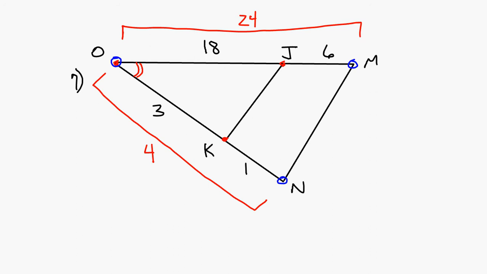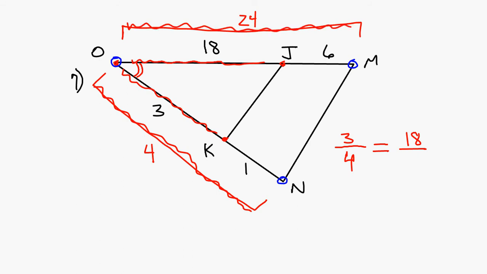So the next step is to determine if the corresponding sides are proportional. So if you do the shorter, or bottom side of this triangle, which is 3, over the bottom side of the big triangle, which is 4, and you see if it's equal to the top side of the small triangle, which is 18, over the top side of the big triangle, which is 24.